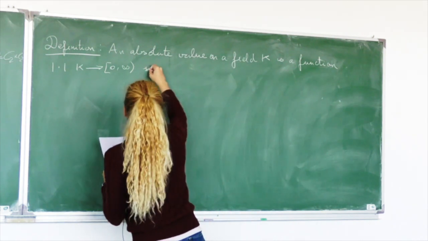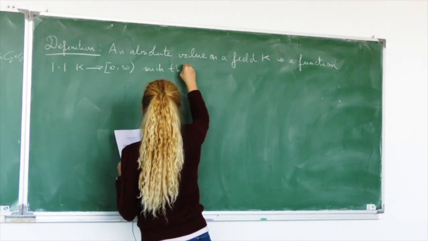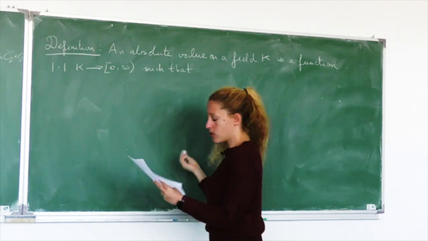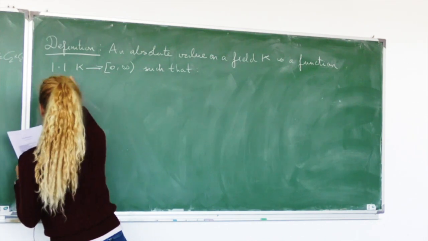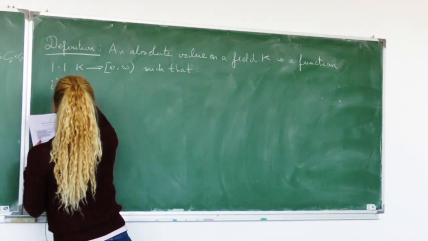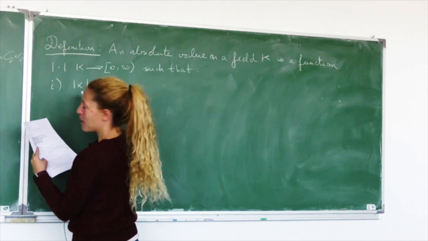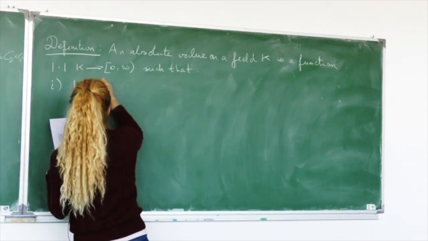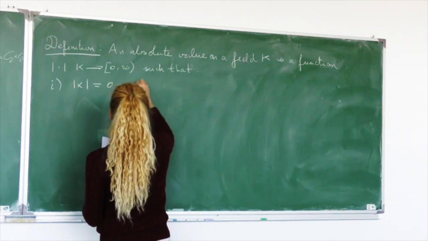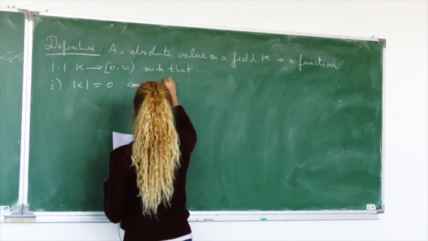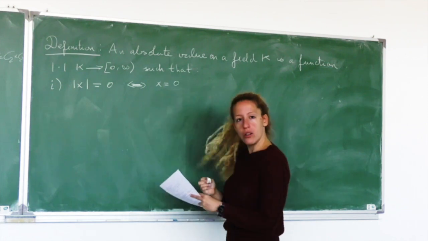Such that, so we ask this function to satisfy some conditions, and these conditions have names. So, I mean, the first condition, I write the condition and then I give the name, is that the absolute value of an element x is equal to 0 if and only if x is equal to 0, okay?